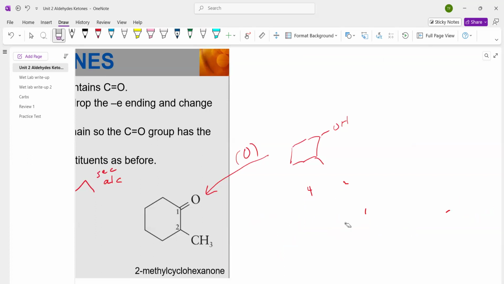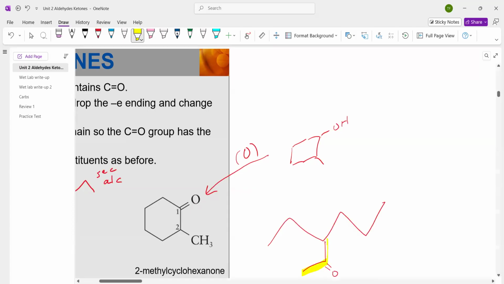Okay, so let's do one of these. Okay, so we've got to include the functional group on the backbone. So that means that's for sure. Now the next question is if we go to the right or the left. Well, if we go to the left, it's got 2 carbons.